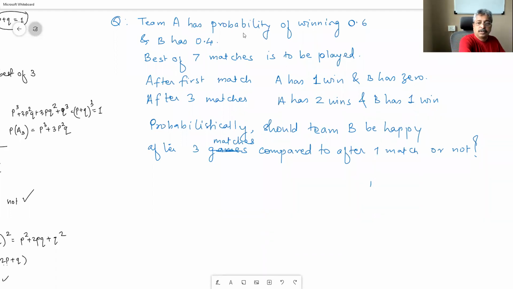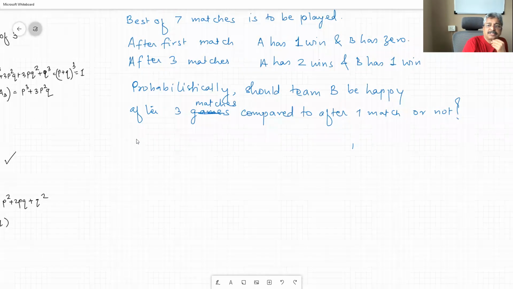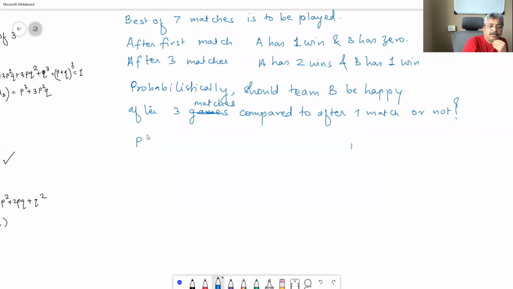Okay, so the way we had done calculations in the last problem, same notation, let us find out the probability of B winning in the remaining 6 games. How much is this? Q raised to 6 plus 6 choose 1, that is 6, Q raised to 5 P plus 6 choose 2, that is 15, Q raised to 4 P square.